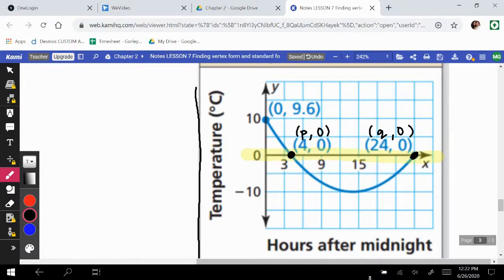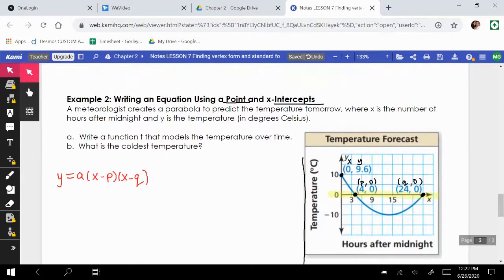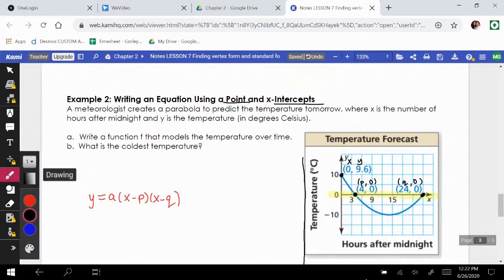In order to use intercept form, we also need another just random point on the curve. You can pick any point you want on the curve, but I like this point because it's already labeled for us. So that's going to be my x, y. I'm going to rewrite that over here. I've got that xy is 0, 9.6.